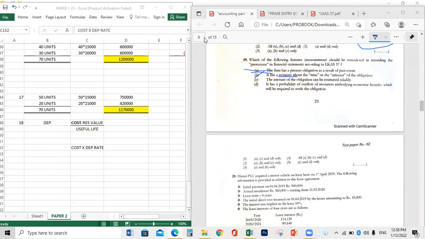Estimate means just give an estimation of the future. Like we can say, okay, around 10,000 rupees will be our provision. You should be able to estimate it reliably. So that is also correct.